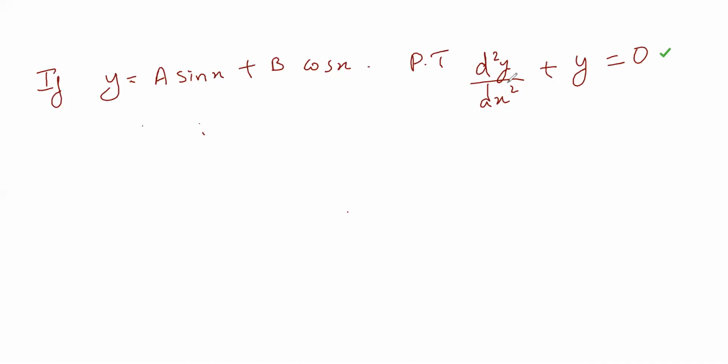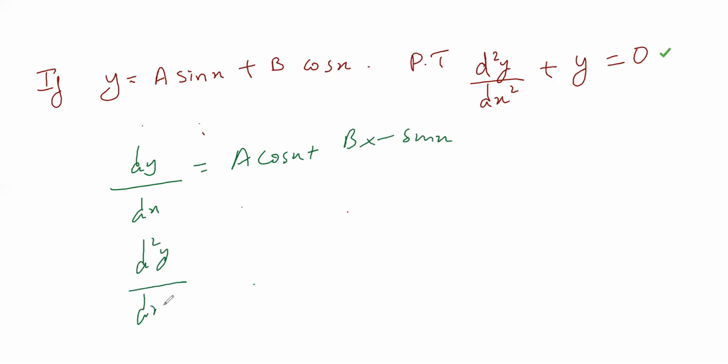If it is wrong, I don't care. dy by dx is a into cos x plus b into minus sin x. d square y by dx square is minus a sin x minus b cos x.